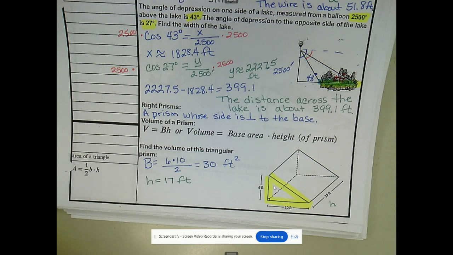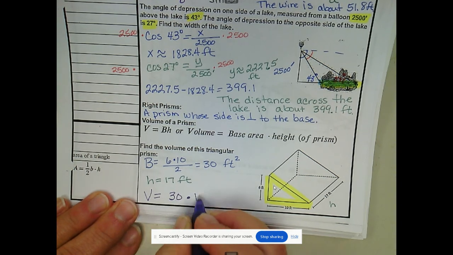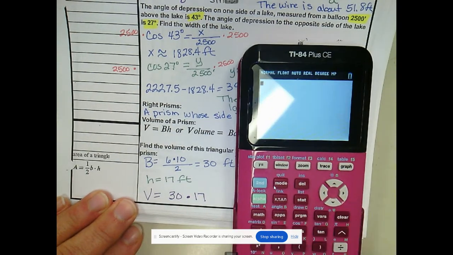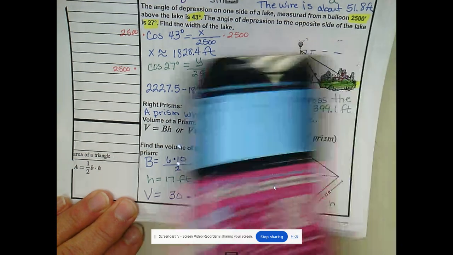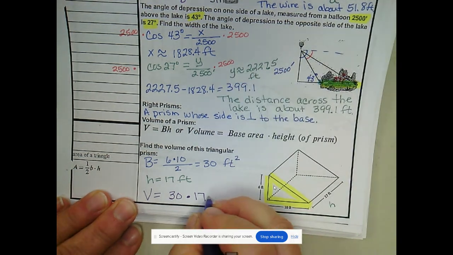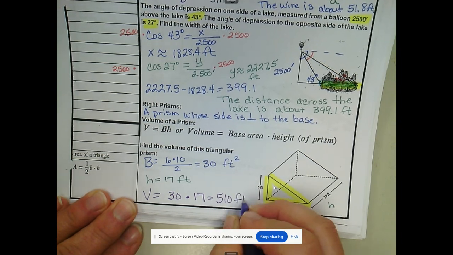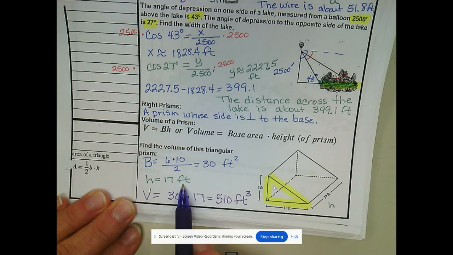Let's put it all together to get our answer. 30 times 17, and we get 510. And this would be feet to the third power. Feet squared times feet means feet to the third power.